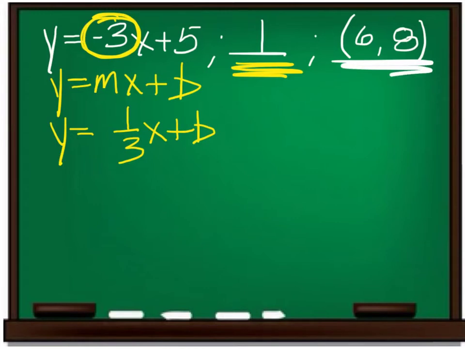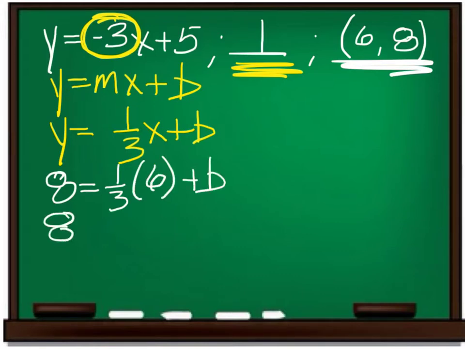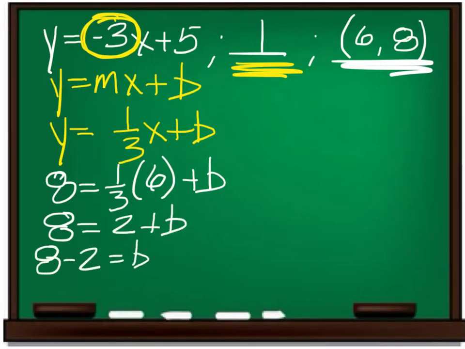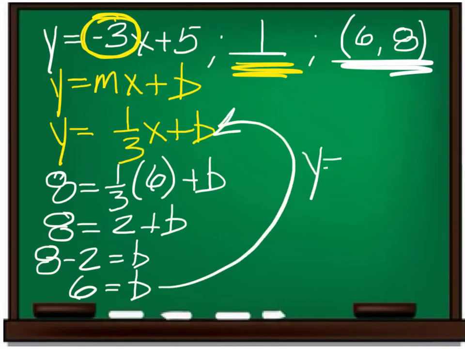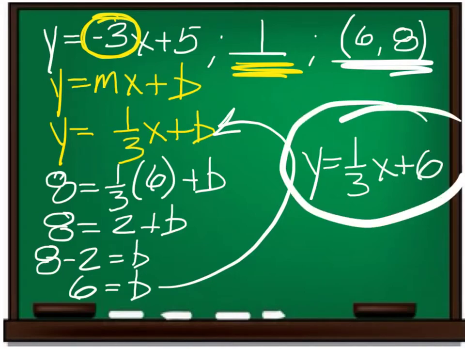Now plug in the point. 8 equals 1/3 times 6 plus b. If I multiply 1/3 by 6, I get 2. Move it to the left, change the sign. Come up with 6. And then plug that back in up here to get y equals 1/3 x plus 6.